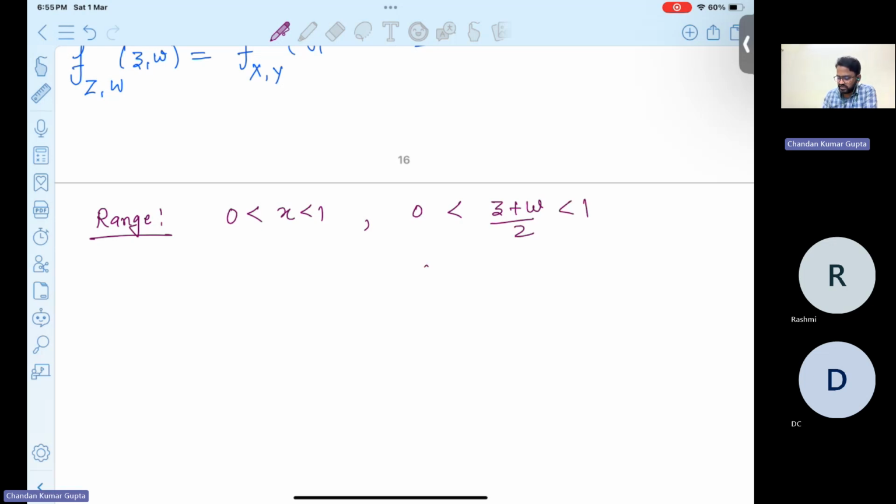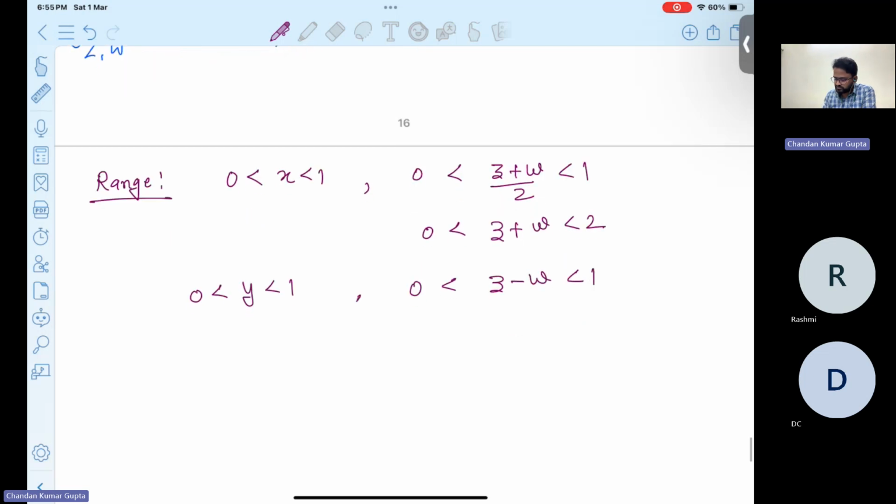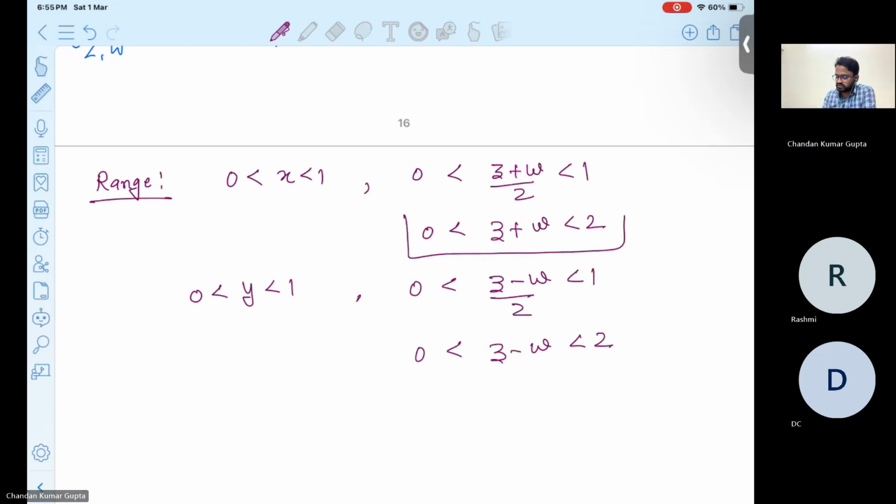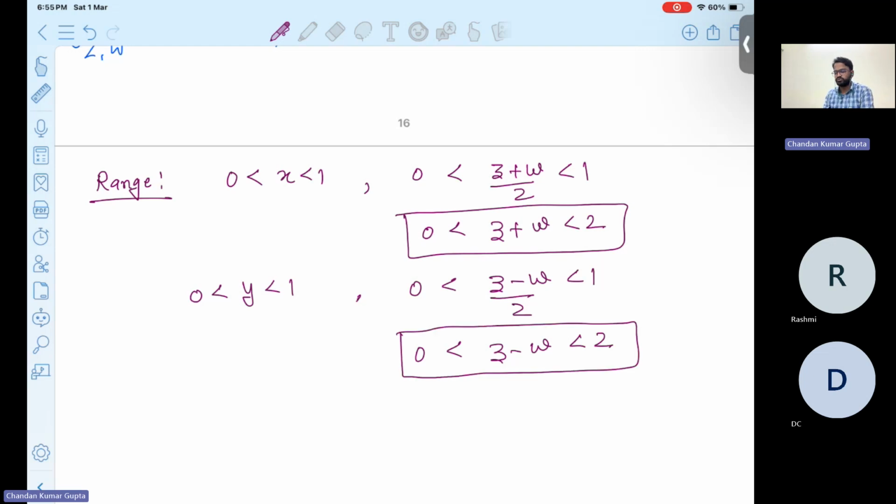So you can write 0 less than z plus w by 2 less than 1, and for y, 0 less than z minus w by 2 less than 1, or you can write 0 less than z minus w less than 2. This is the range for the transformed random variables, which satisfy z plus w lying between 0 and 2, and z minus w also lying within 0 to 2.